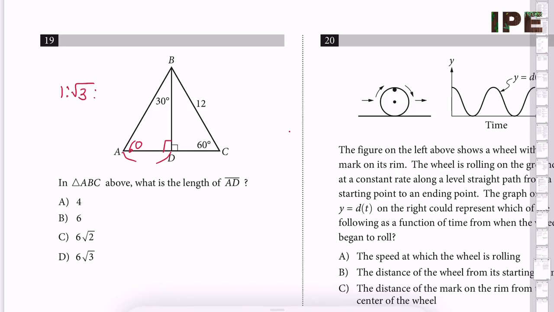The shortest side is 1. That is not the real length, that is the ratio. But this should be 12, right? So it's 2 times what? 6 is 12. So 1 times 6 is 6. So AD should be 6.